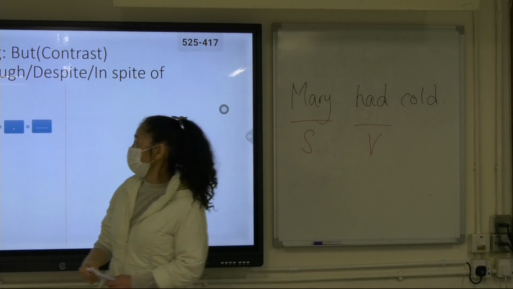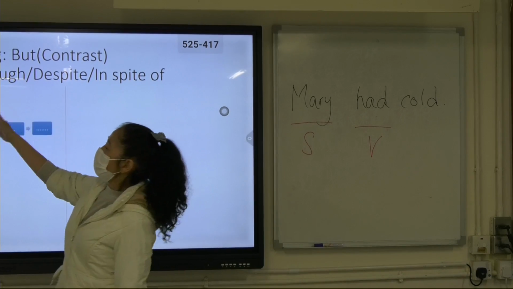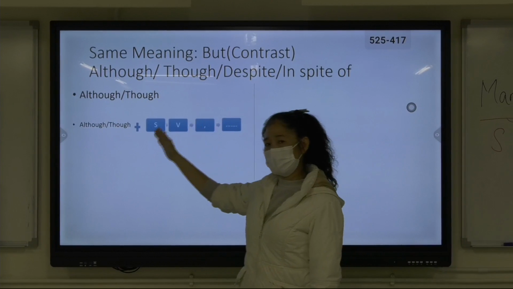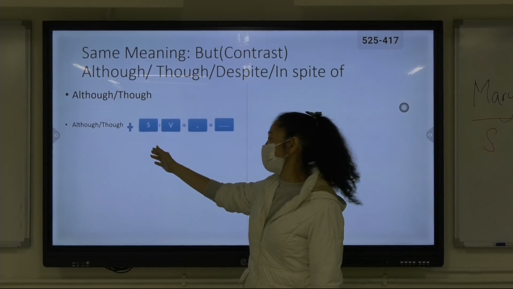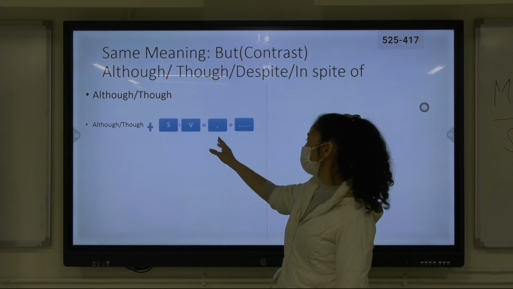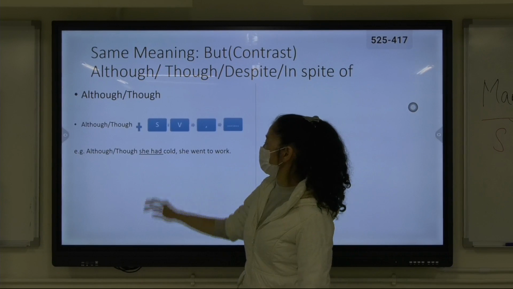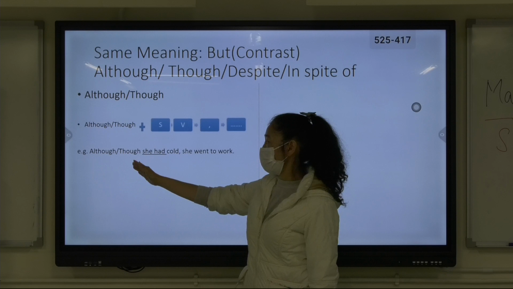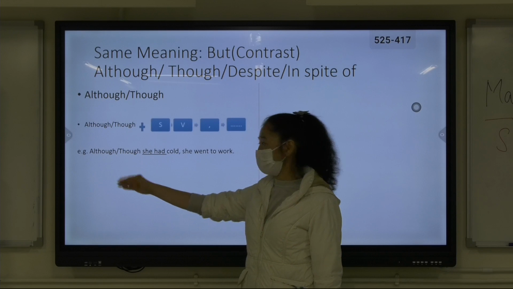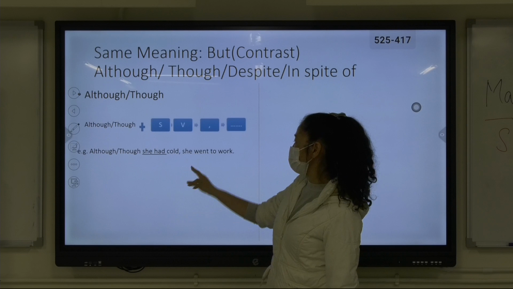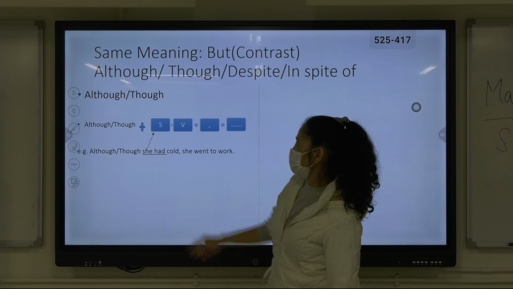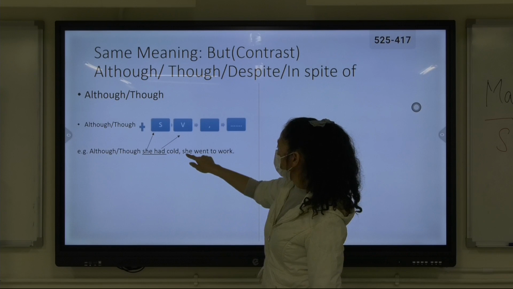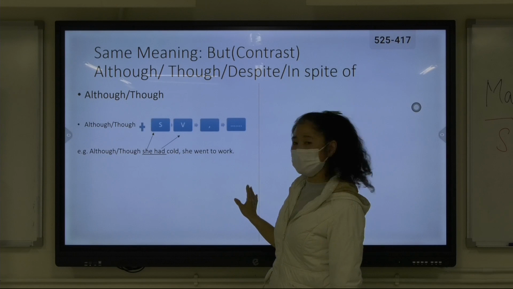When you use although and though, after these two connectives they must be followed by subject, verb, and then a comma and the rest of the clause. For example, you may use although or though, whichever you like, because they carry the same meaning. Although she had a cold, she went to work. She is the subject, had is the verb, and then a comma, and then the rest is the other main clause.